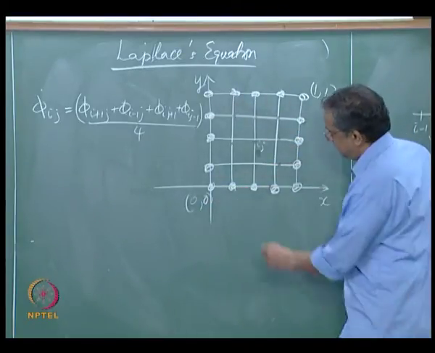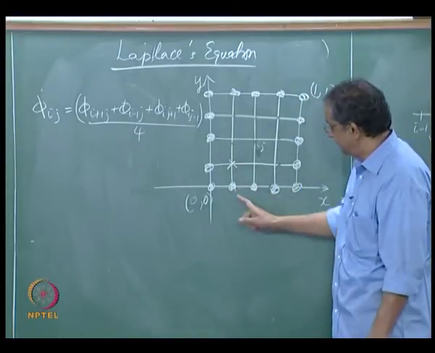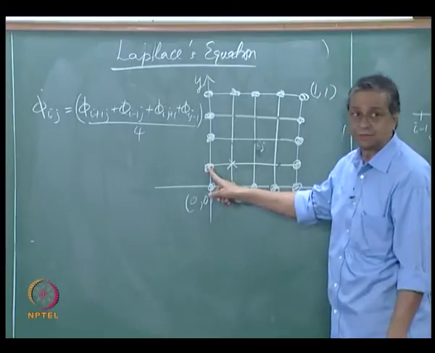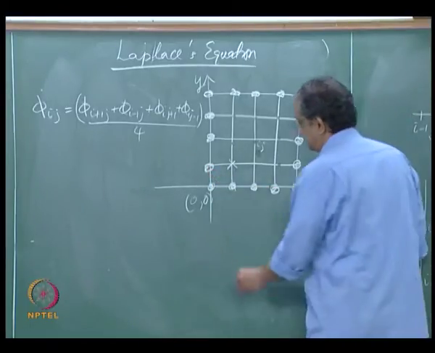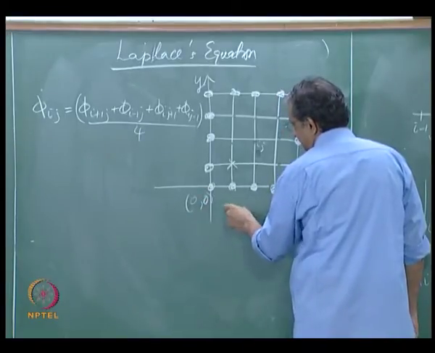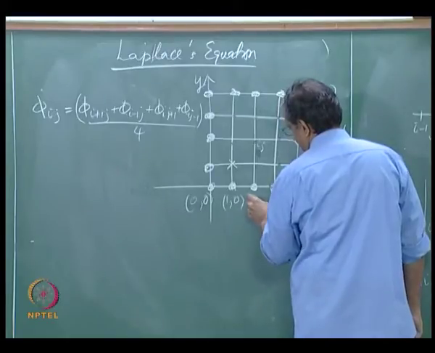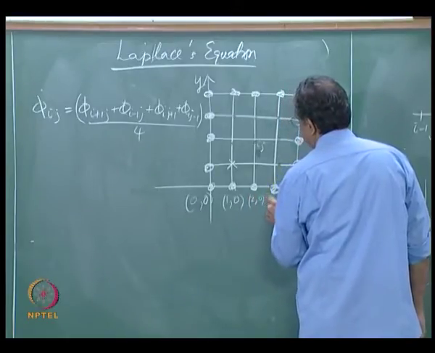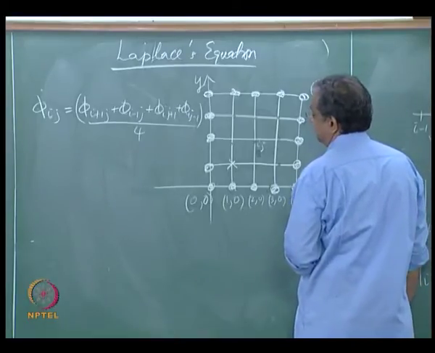So when you are trying to figure out what is the value at that node, this is known, that is known, right. Let us number these. So let us say this point is 0 0, this is 1 0, 2 0, 3 0, 4 0. Okay.